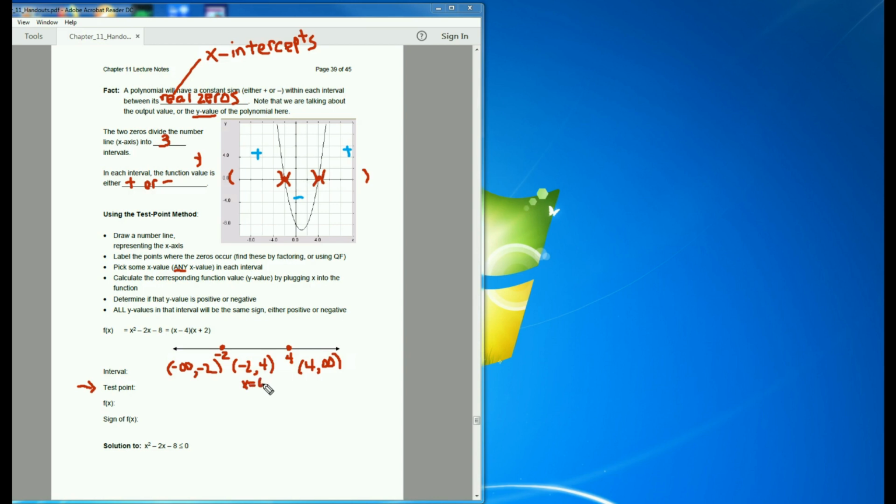So that's my test point for that interval. For the interval 4 to infinity, I don't really care, I'm just going to pick x equals 5. And for the interval -infinity to -2, again I don't really care, I'm just going to pick x equals -3.